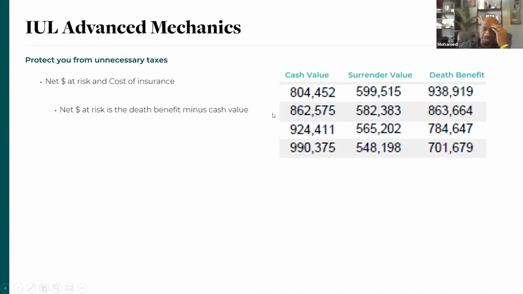Hey, Jeff, quick question. Even though when you run the illustration, you did it, let's say, to level up at age 65, when they start paying premium, you've got to let the client know they need to call the company to change that, right?